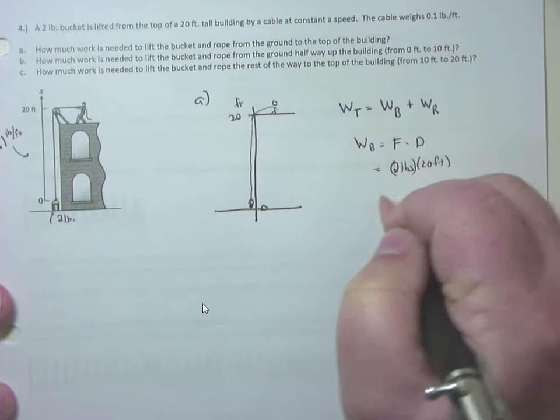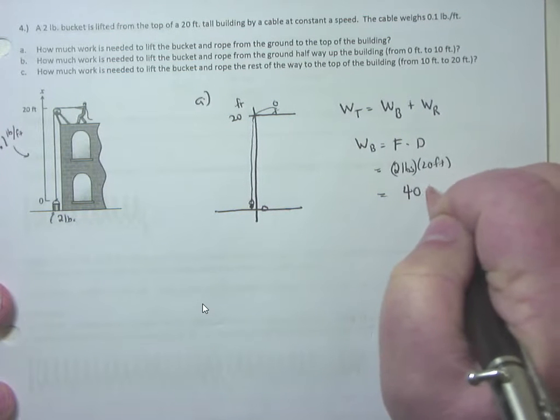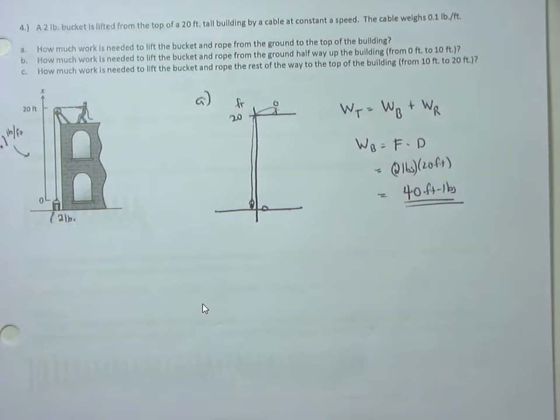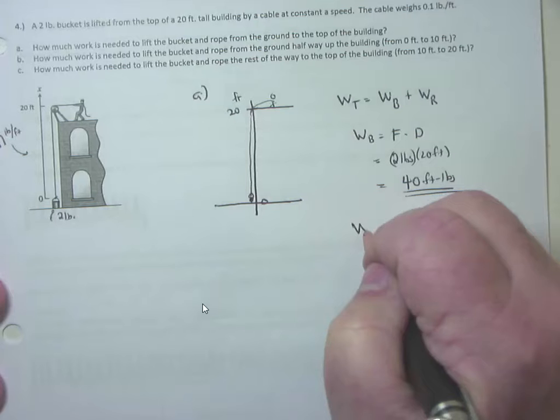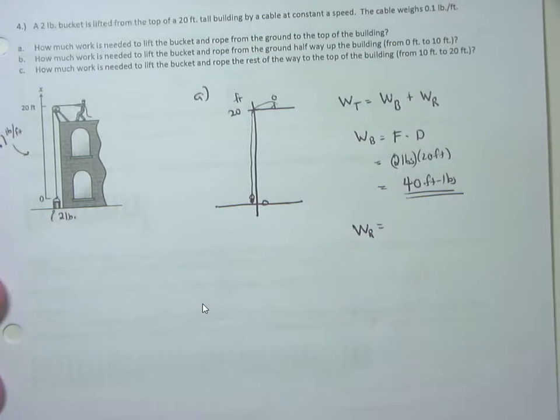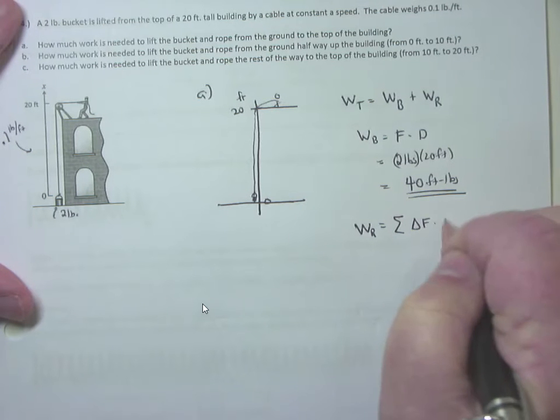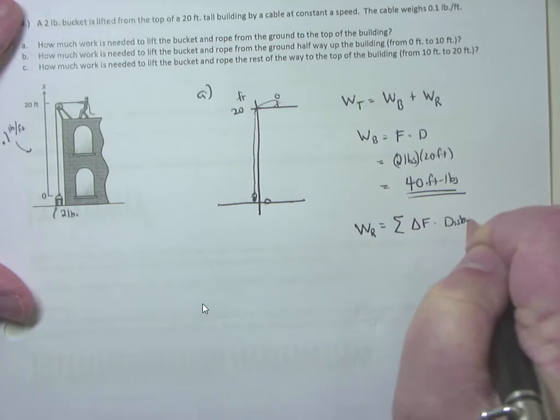Again, in the English system, that's a classic 40 foot-pounds. Does that make sense? That's the easy one. Where the calculus comes in is the work on the rope. For the work on the rope, you need that special summation formula. The work on the rope is the sum of that delta force times that distance that you want to do the lifting.